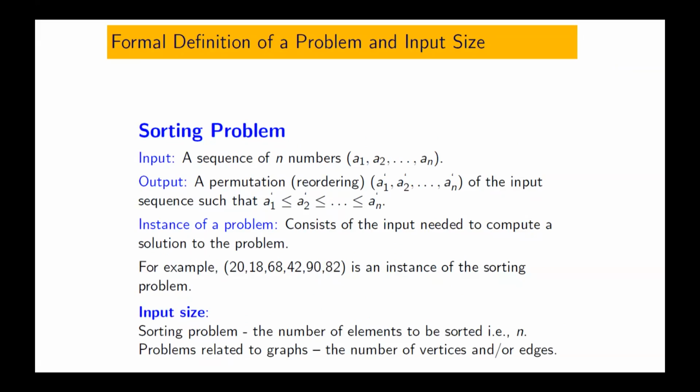What is the input in case of the sorting problem? We can consider it as a sequence of n numbers, a1, a2, and so on, an. What is the output?